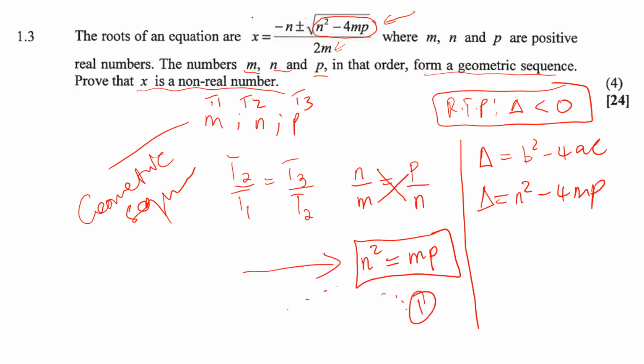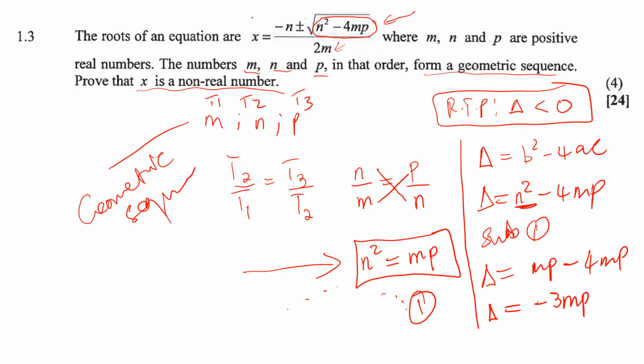So if we substitute equation 1 into delta, where there is n squared, I'm going to put mp minus 4mp, because we have proven those are equal if it is a geometric sequence. So my delta will be mp minus 4mp. So it's 1 minus 4. It's going to be minus 3mp.